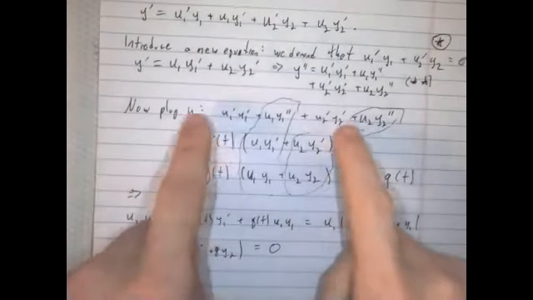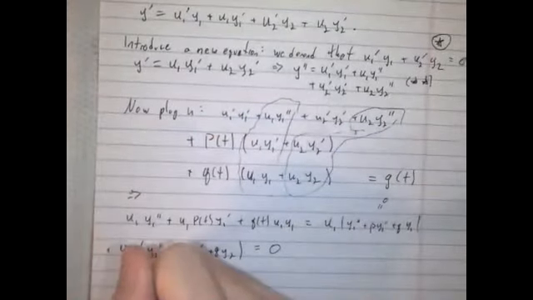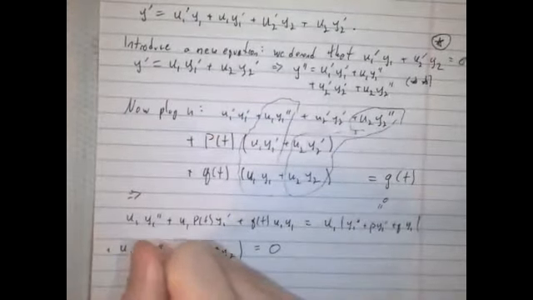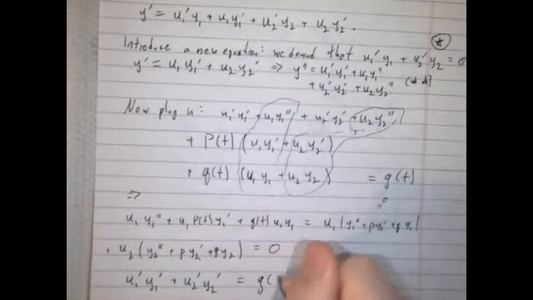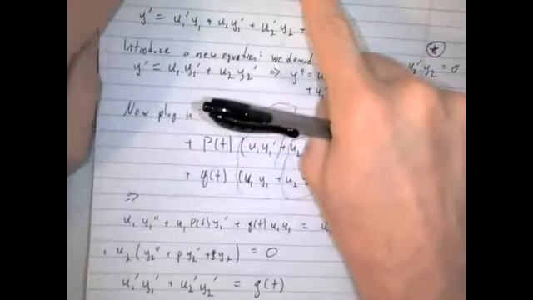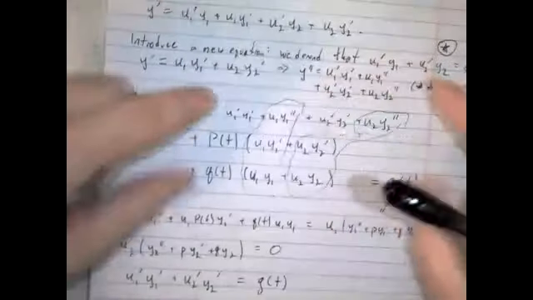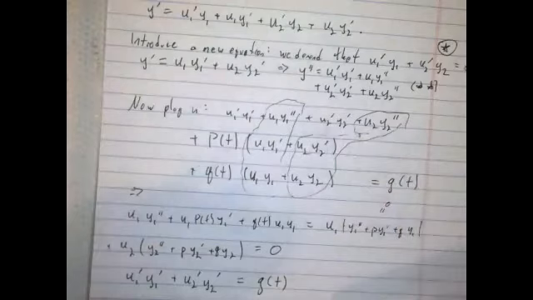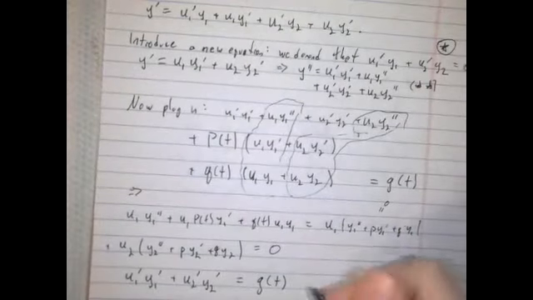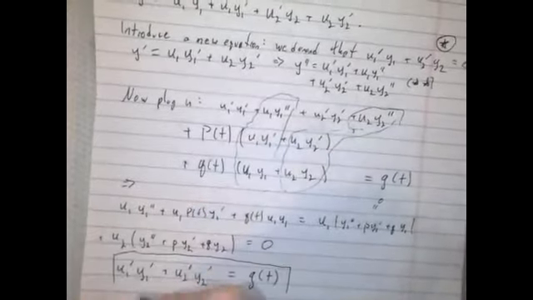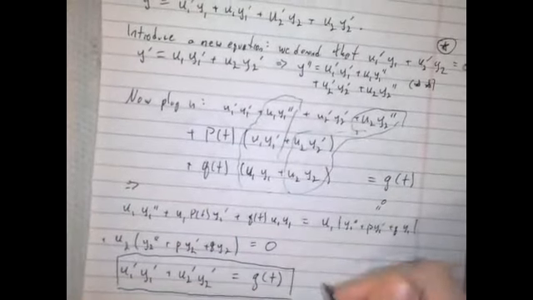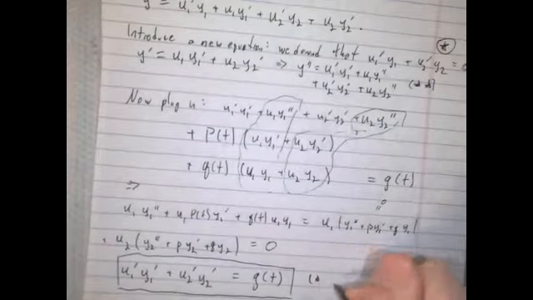So all that I'm actually left with is u1 prime y1 prime plus u2 prime y2 prime being equal to g of t. In other words, my big bad differential equation, when I plugged in y and I got this massive thing, actually most of it simplifies. I'll call this triple star.